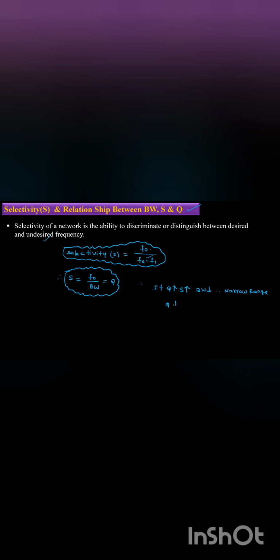If quality factor reduces, the selectivity also reduces, but the bandwidth increases. Then this is used for a wide range of frequency. This is about the relation between bandwidth, selectivity, and quality factor.